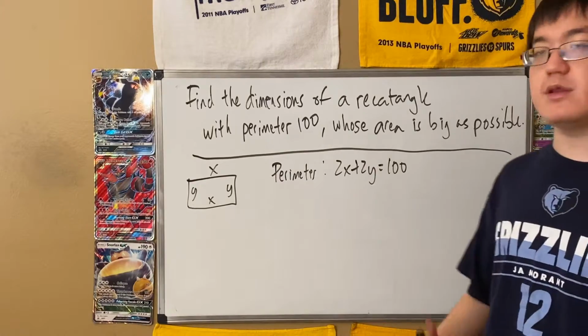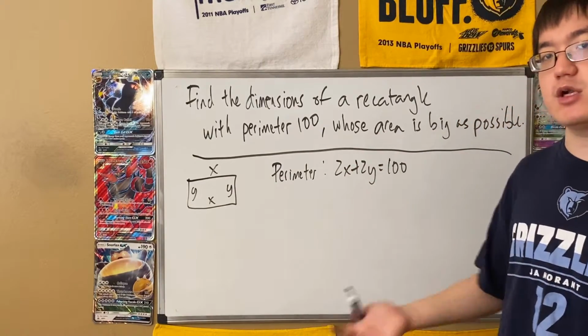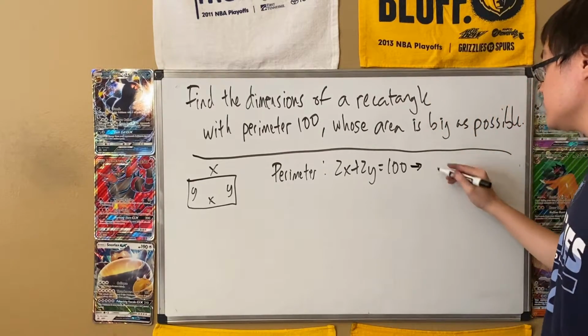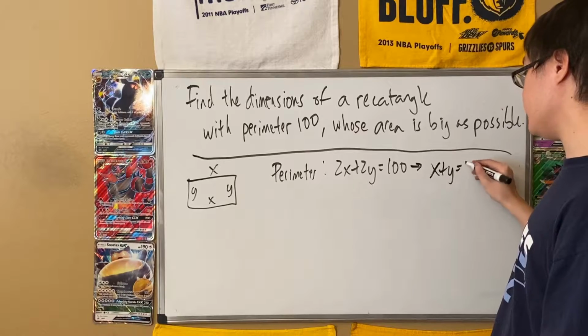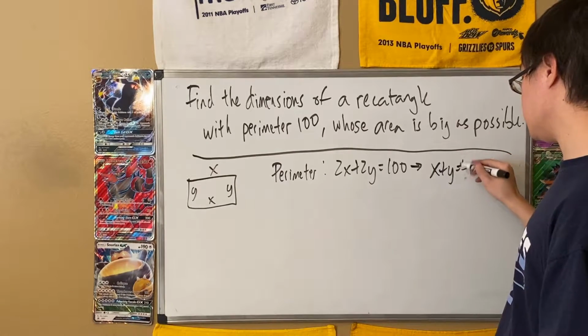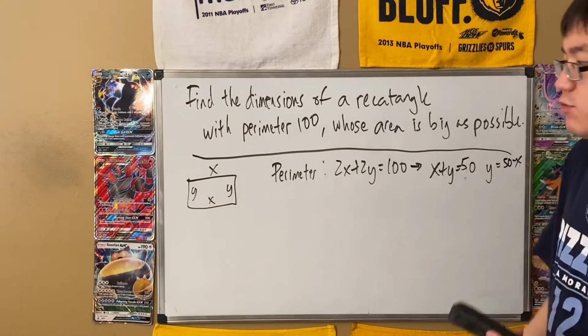This is going to be the constraint function, because this will allow us to change the area function to be in terms of one variable. If you want, you can already simplify this: x plus y is equal to 50. y is equal to 50 minus x. I know I'm going to use this eventually, so might as well find it.